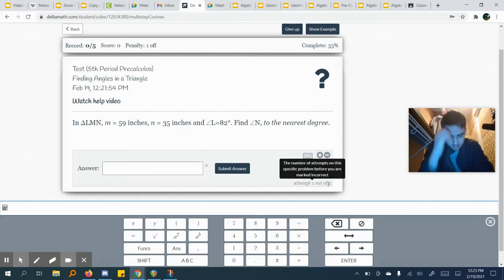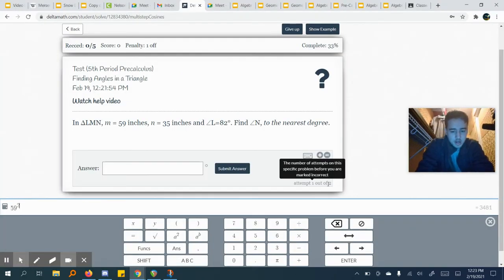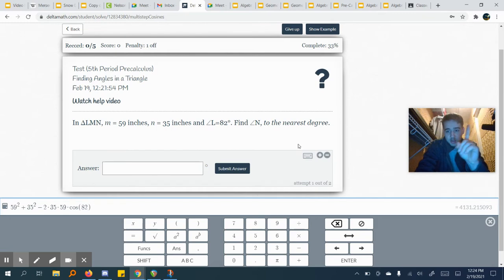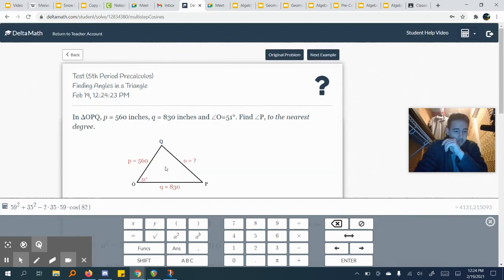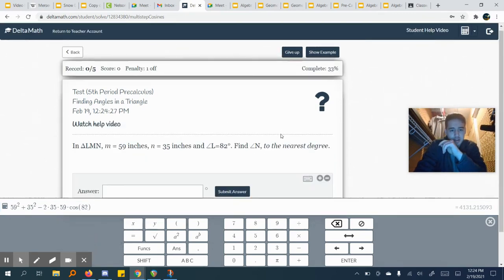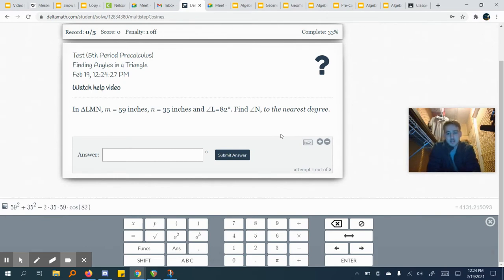So we have 59 squared plus 35 squared minus 2 times 35 times 59 times cosine 82. Let me pause real quick. I was just double checking my work there to make sure I was getting law of cosines correct.